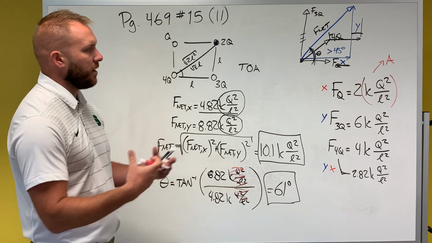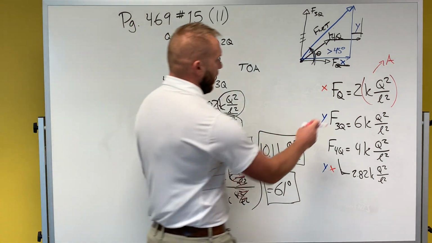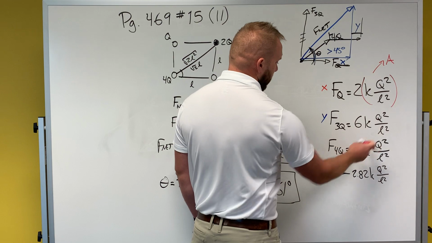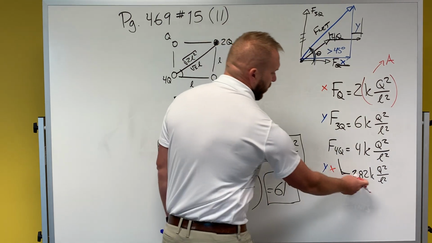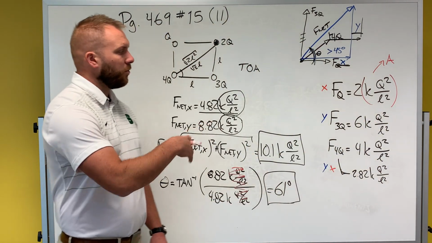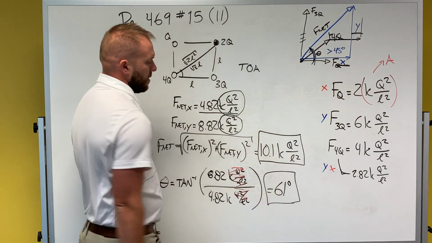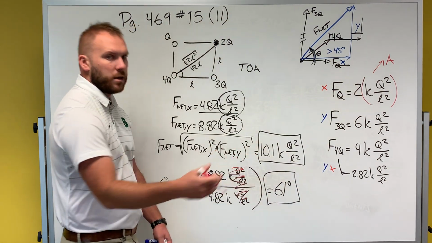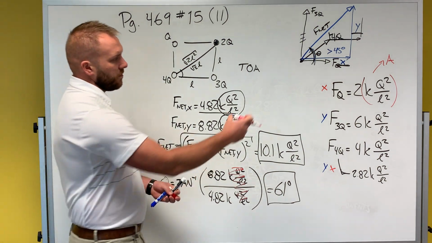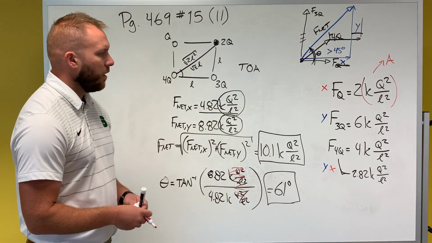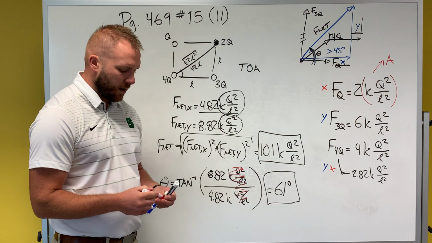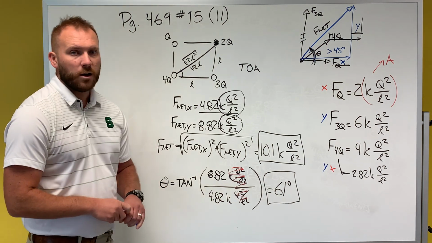You could work through this entire problem as FQ is 2A. This is 6A. This is 4A. This is 2.82A. And then you don't really have to worry about all this other stuff. You can just bring it back at the end, because this would be 10.1A. Because A is just all these other variables that are in there. Okay? Hopefully that makes sense. Let me know what questions you have. But that's how you work through question 15.